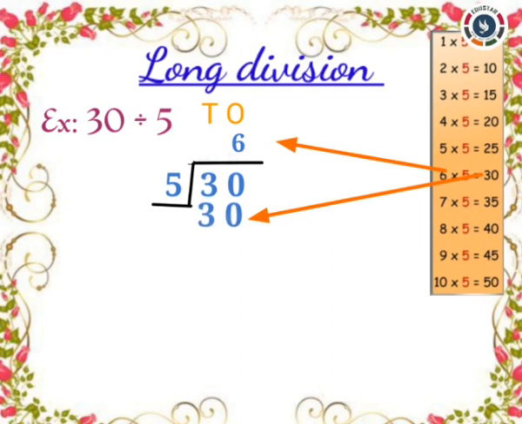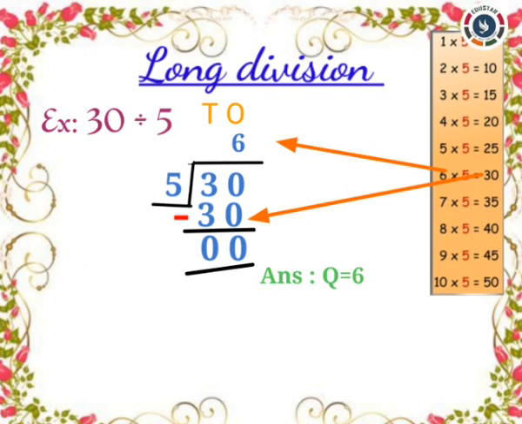Write this 30 below the dividend and subtract. 30 minus 30 is equal to 0. We got 0 as the remainder. This subtraction shows that there is no remainder. So the answer quotient is 6.